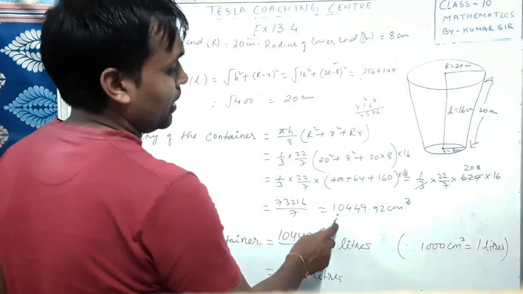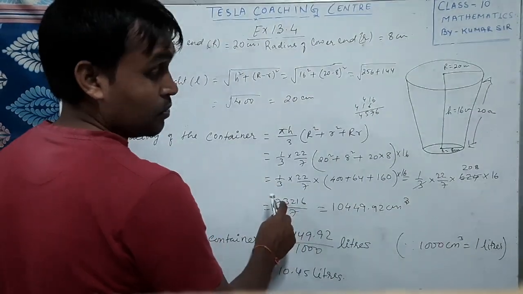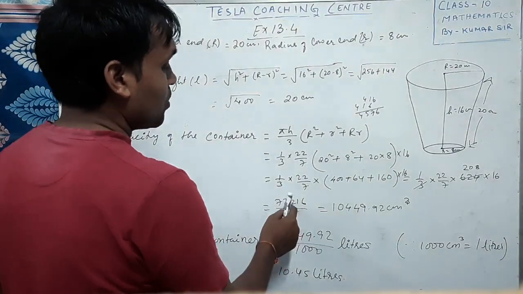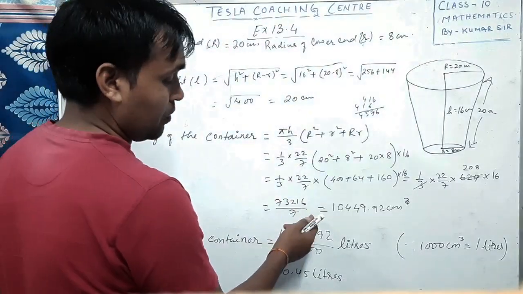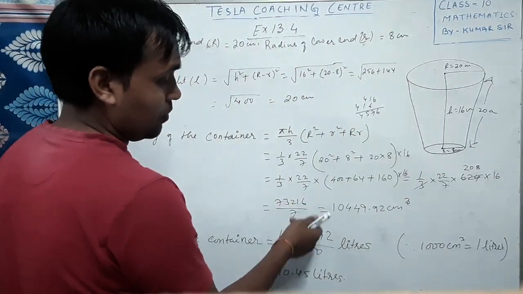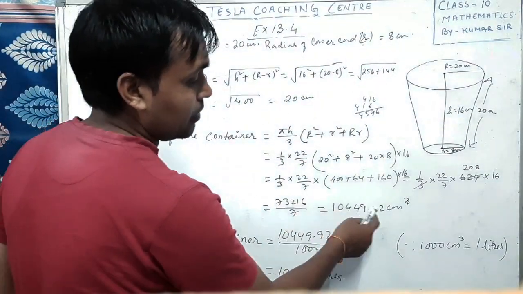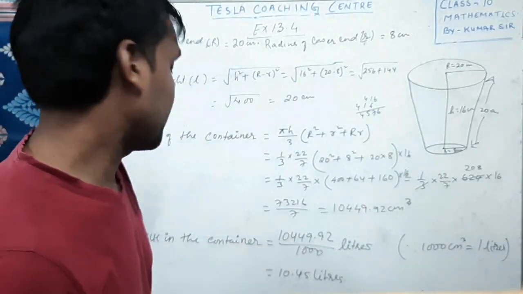So we divide by 7. 7 ones are 7. This 3 is too small, so we will take a 0. So 32, 7 4s are 28. So 4, 41, 6 times it cannot go, so again it will go 4 times, and then you get 10459.42 centimeter cube. If you divide this one, you will get it, okay.